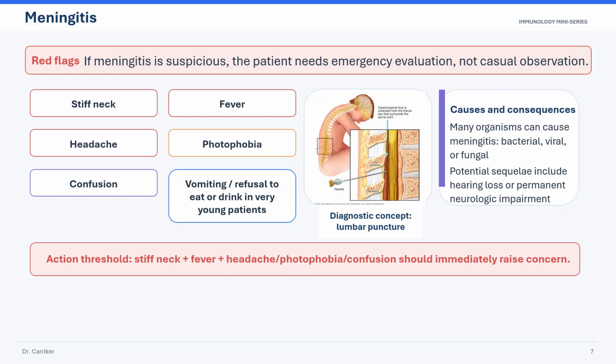Right, this could certainly be emergent, and we want to keep these in mind, especially if the patient has mental confusion that's developing as a later onset in the course of this disease. So the spinal tap, where we see the needle inserted into the lumbar region, is going to collect a sample of cerebrospinal fluid. And again, it's very important to identify this very quickly. The action threshold should be immediate raise of concern and immediate referral out.